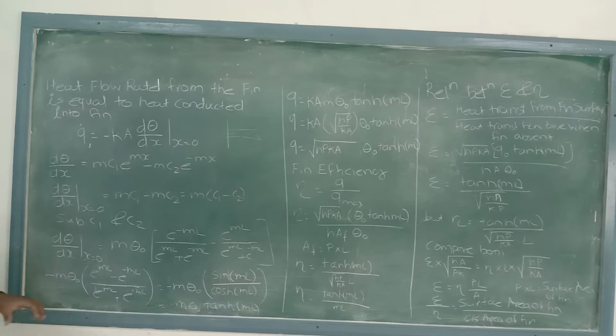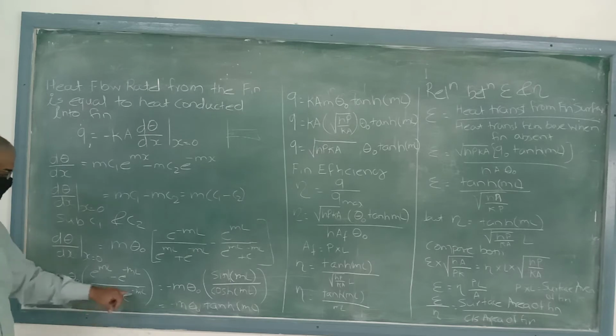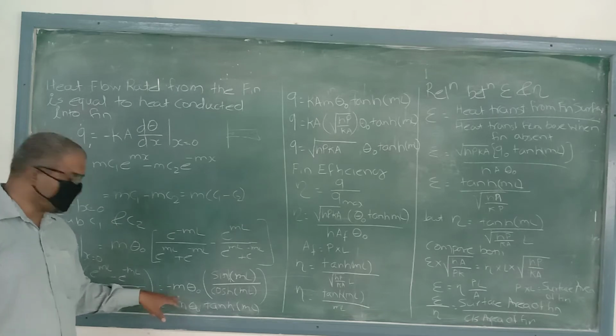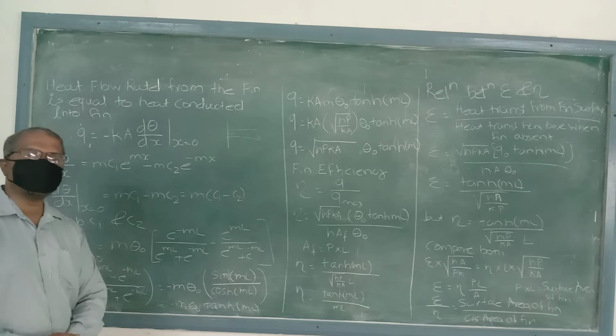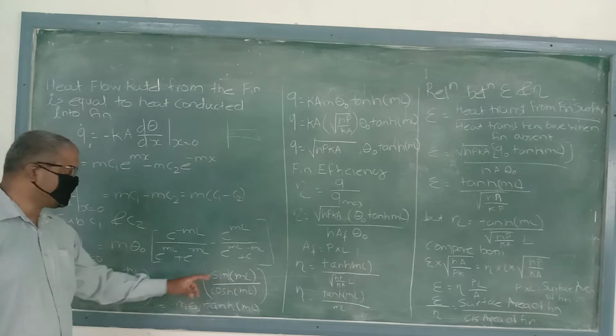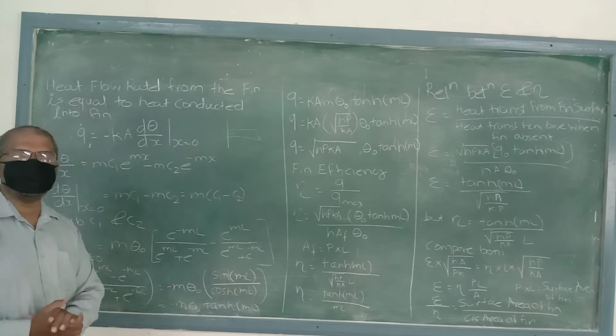Why are we doing this? Because we know that e raised to ml minus e raised to minus ml is written as sine hyperbolic of ml, and the denominator, e raised to ml plus e raised to minus ml, is cos hyperbolic of ml. So we get theta sin hyperbolic ml upon cos hyperbolic ml, and sin upon cos, you know, is tan.